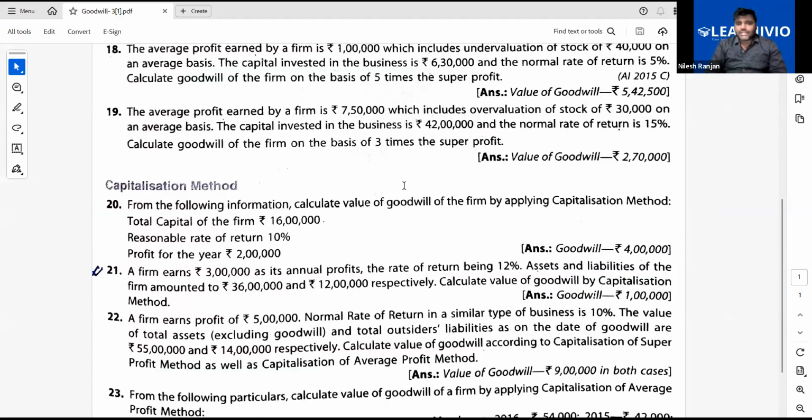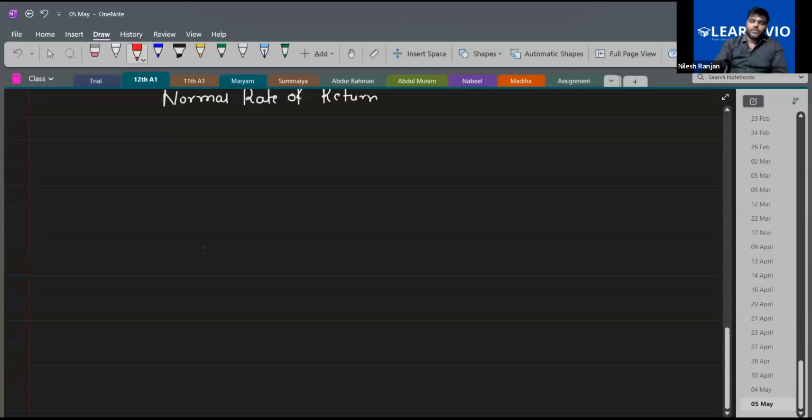The value of total assets, excluding goodwill, and total outsiders' liabilities as on the date of goodwill are 55 lakh and 14 lakh, respectively. Calculate the value of goodwill according to the capitalization of super profit method as well as the capitalization of average profit method. So there are two methods, and we have to use both in this question number 22.